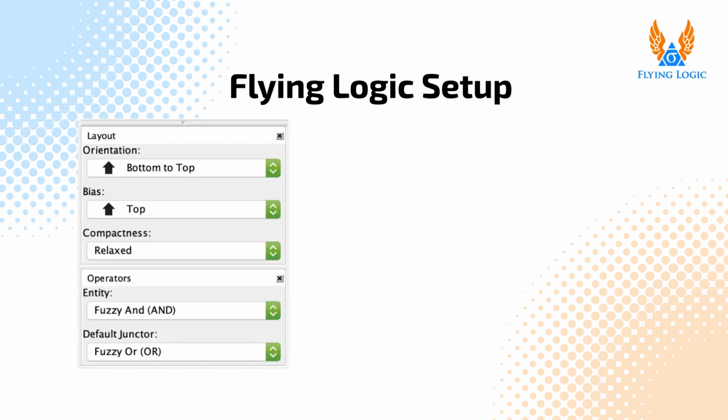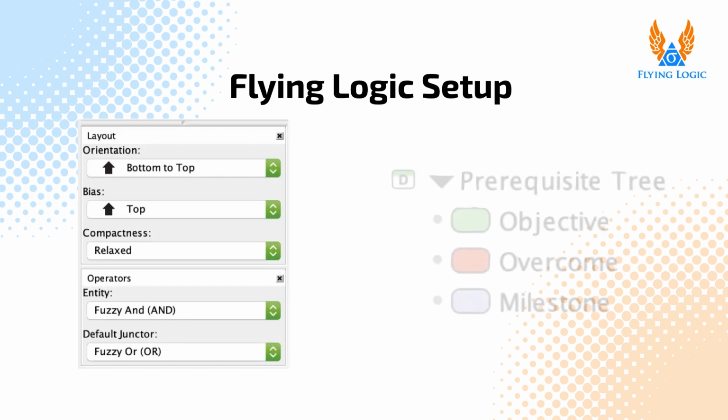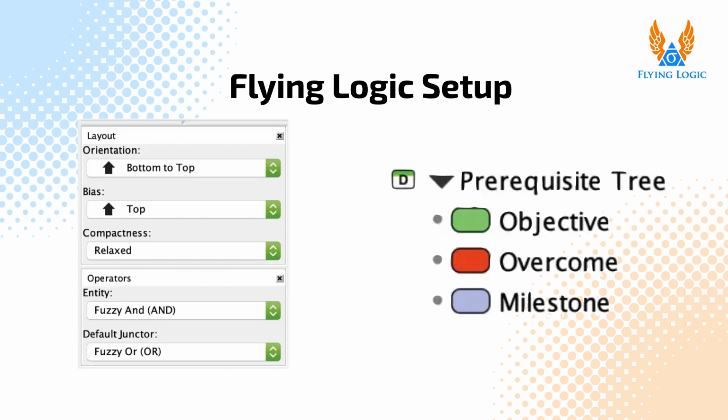Prerequisite trees are created using the entity classes in the built-in prerequisite tree domain, and use the following classes: objective, overcome, and milestone. If you have already constructed prerequisite trees in the past, the choice of overcome instead of obstacle is an entity class name that may seem a little strange at first.